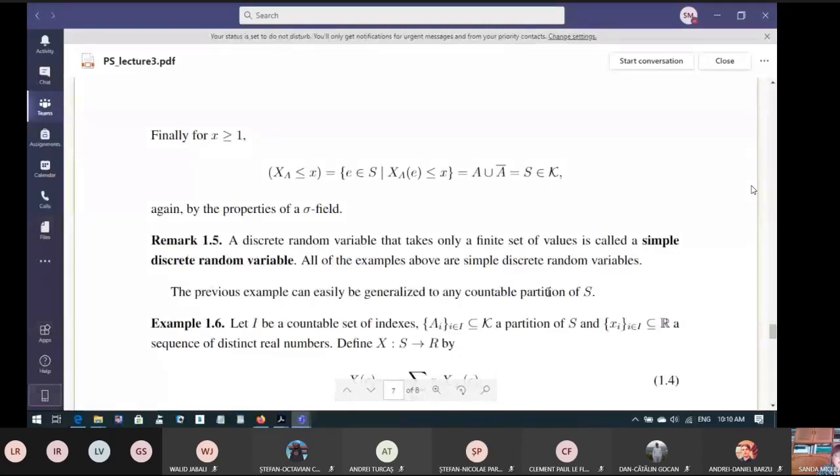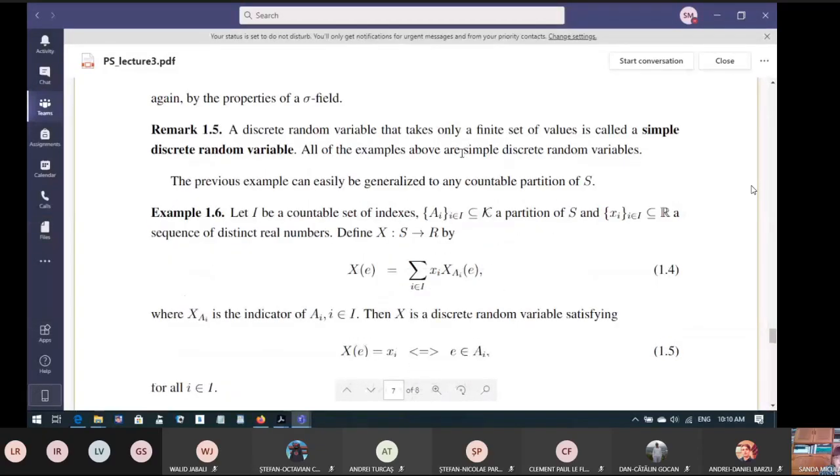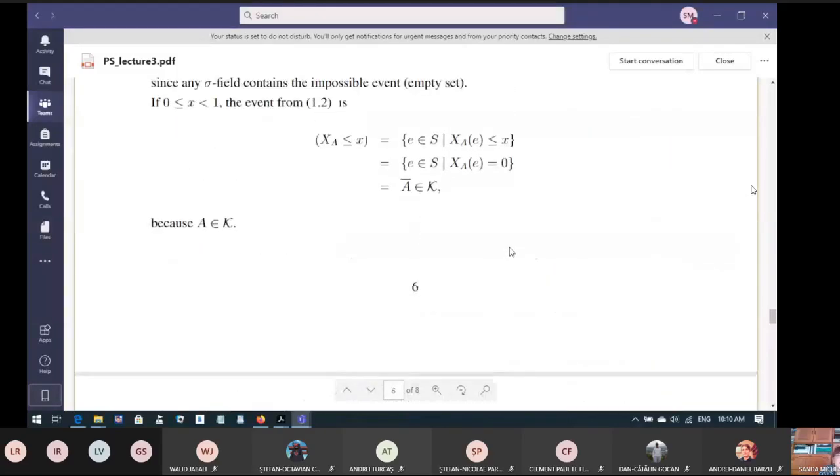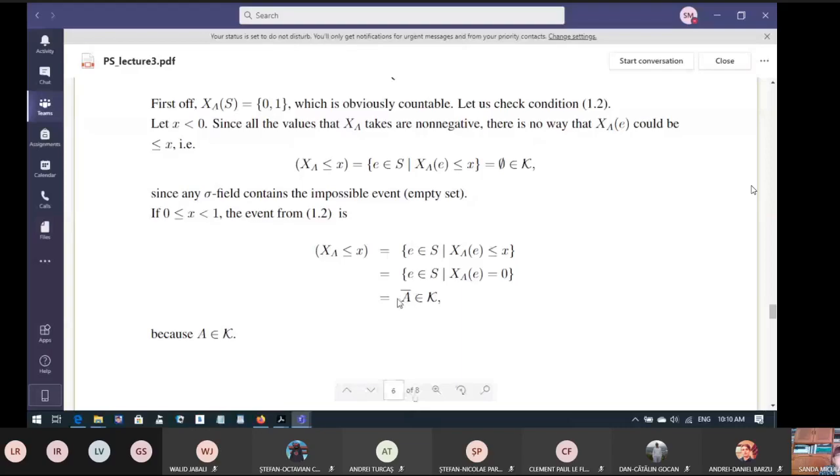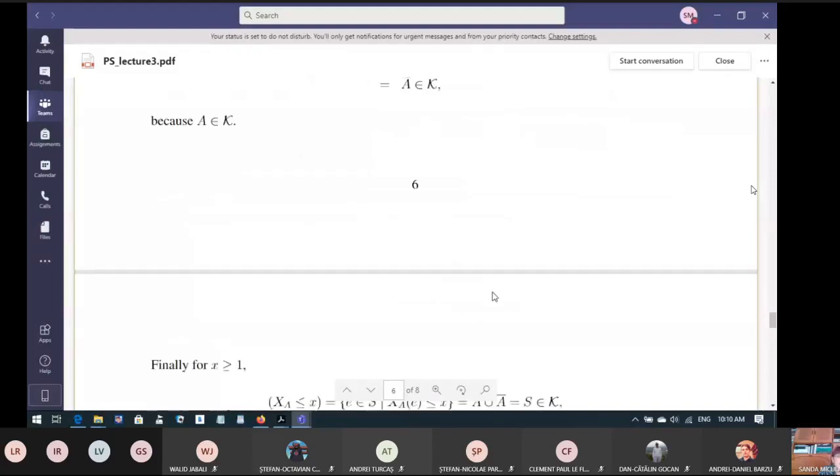Okay, discrete random variable. This is the only type that we've discussed so far. If it only takes a finite set of values, then it's called a simple discrete random variable. And the examples we had so far are simple random variables. And then a general way of writing a discrete random variable is to use any partition. See here, it was the special type of partition formed by an event and its complementary event, A and A bar.